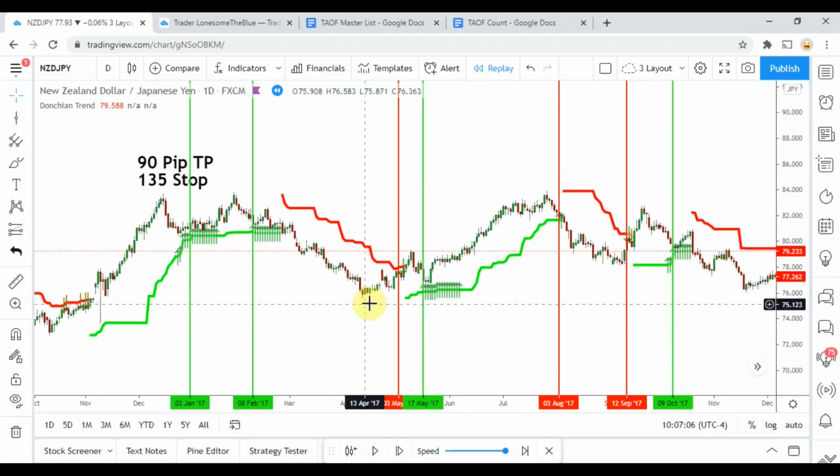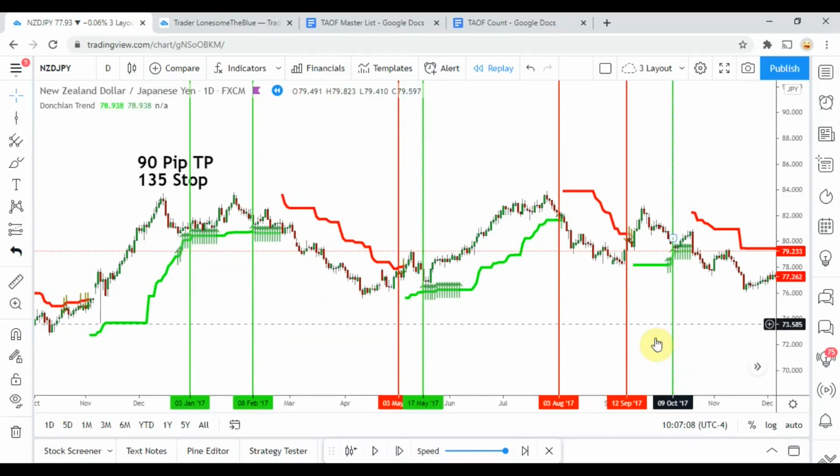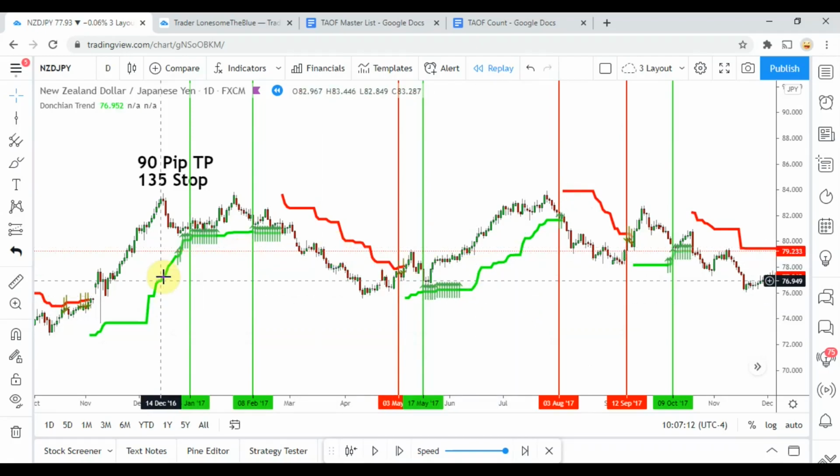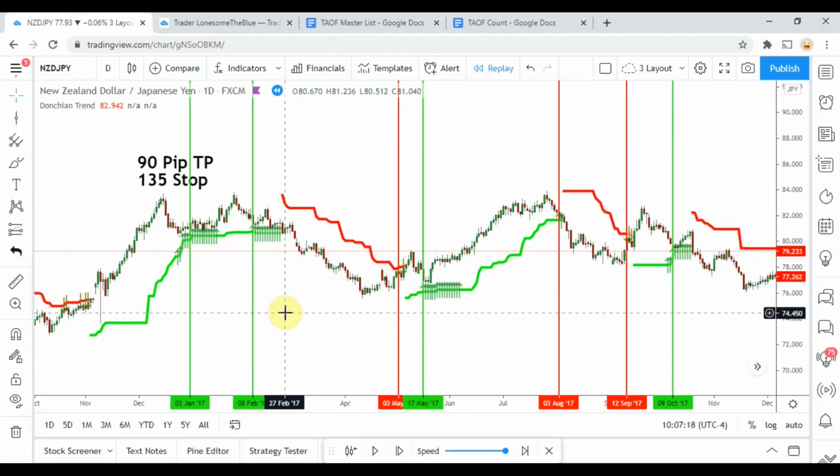So let's see. We get 1, 2, 3, 4, 5, 6, and 7. We get 7 trades all together, and we get 1, 2, 3, and 4. We get 4 losing trades, or I'm sorry, 4 winning trades. And so, unfortunately, that's barely going to miss the 60% criteria.